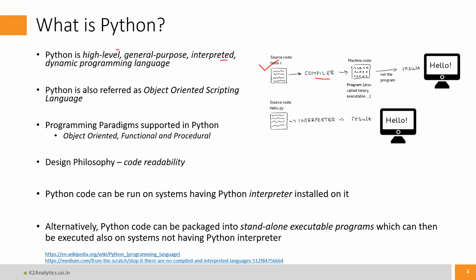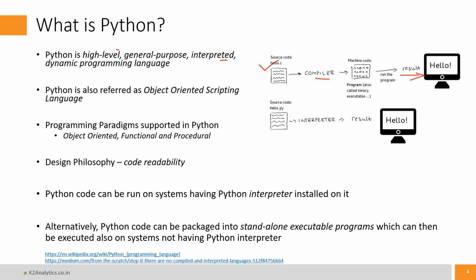So from high level language, it goes to a low level language, which is the machine language. And from machine language, you run the compiled code, and you get the result. So that's the way a typical code execution happens with Java, C, C++ kind of programming language.